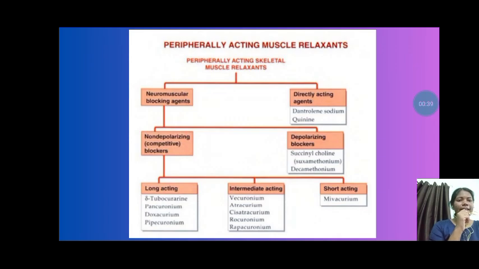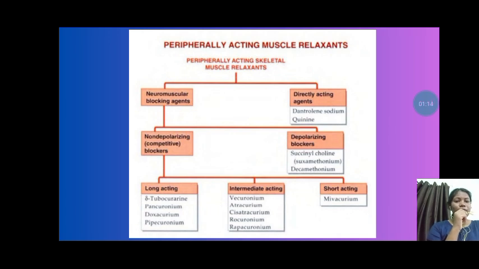Peripherally acting muscle relaxants are divided into two types: neuromuscular blocking agents and directly acting agents. Directly acting agents include dantrolene sodium and quinine. Neuromuscular blocking agents are further divided into two types: non-depolarizing, also called competitive blockers, and depolarizing blockers, which include succinylcholine, suxamethonium, and decamethonium. Non-depolarizing blockers, depending upon their action, are long acting, intermediate acting, and short acting.